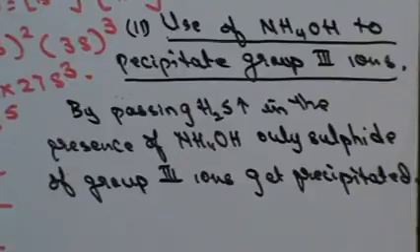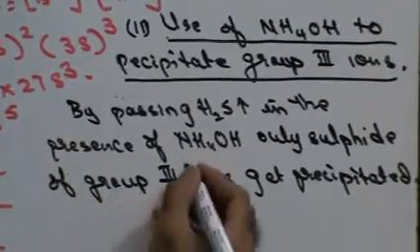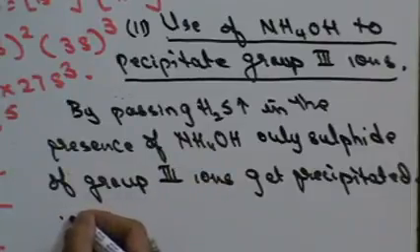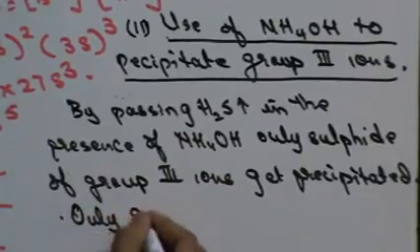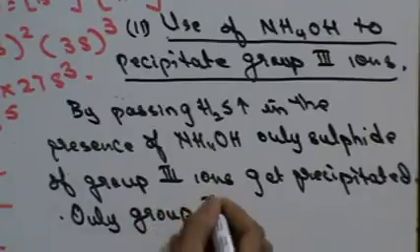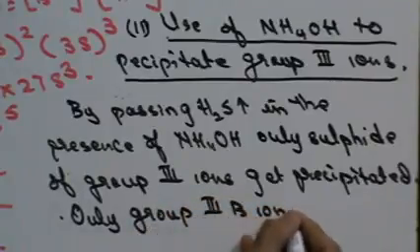In this case, if I use ammonium hydroxide, only group 3b ions will get precipitated.